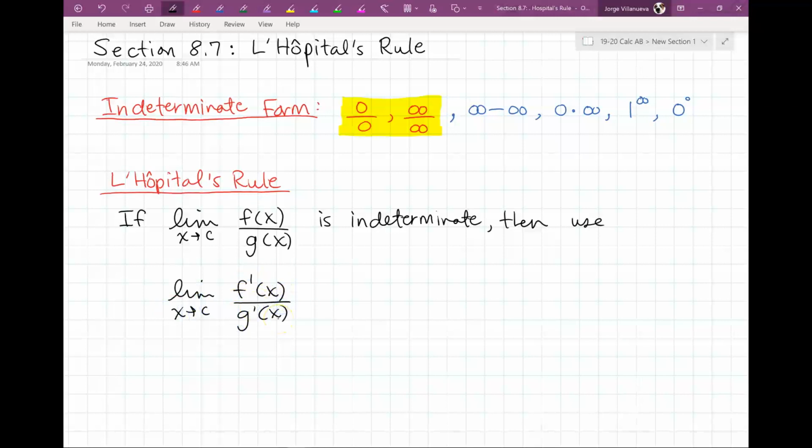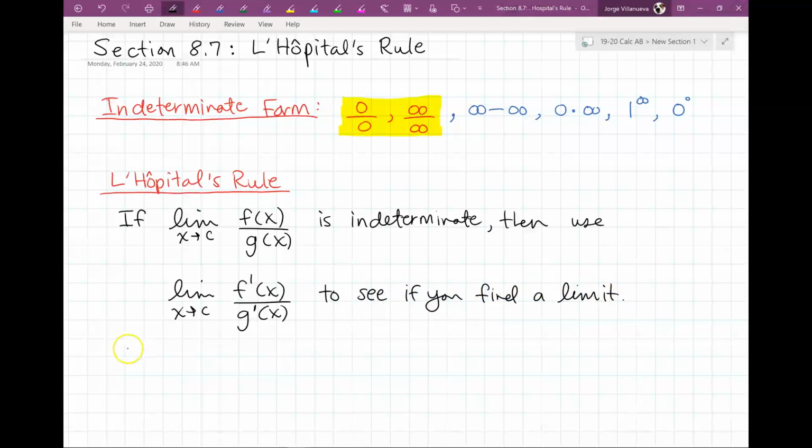Now I want you guys to notice this is not saying to use the quotient rule. This is saying literally take a derivative of just the top and just the bottom. Okay? So you're going to take the derivative of the top by itself and the bottom by itself to see if you find a limit.